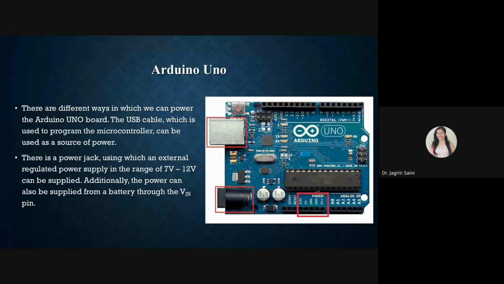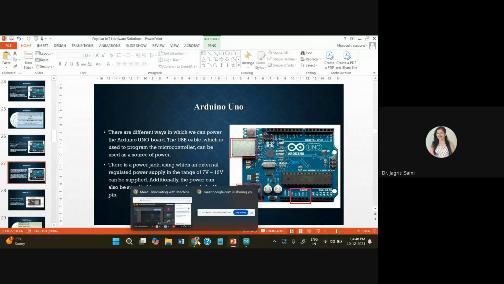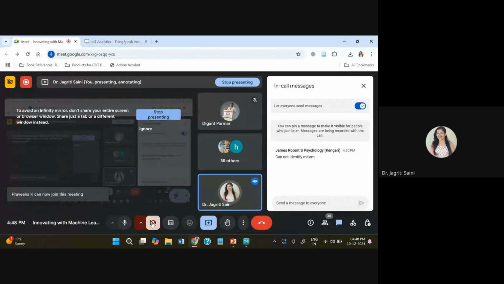Similarly, the power section, from here you can use on the actual board. And if you want to just see this board in actual, what versions of this you will find in the market, let me just quickly show you what options you will find for this.